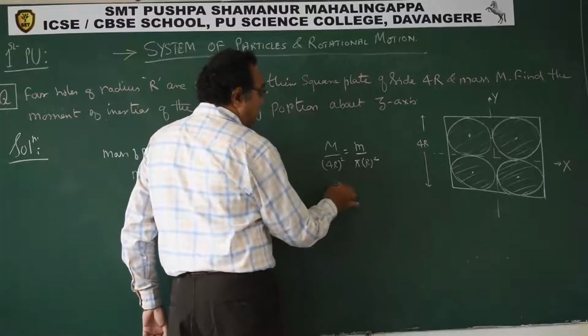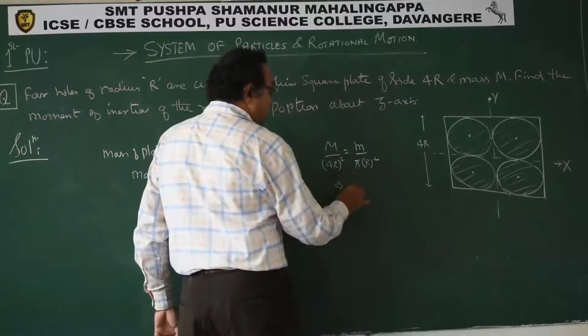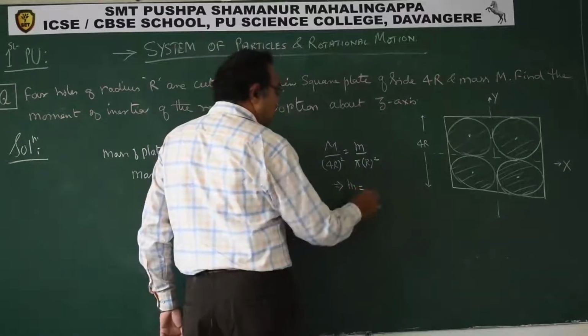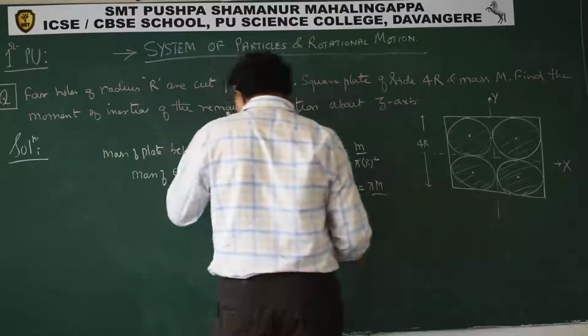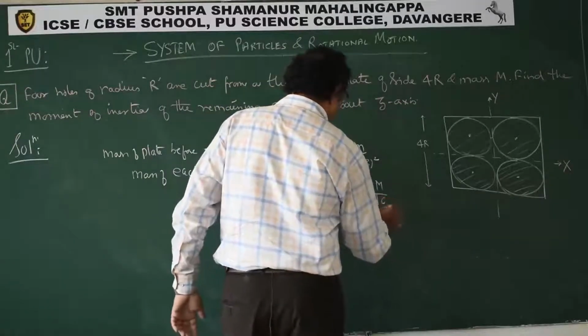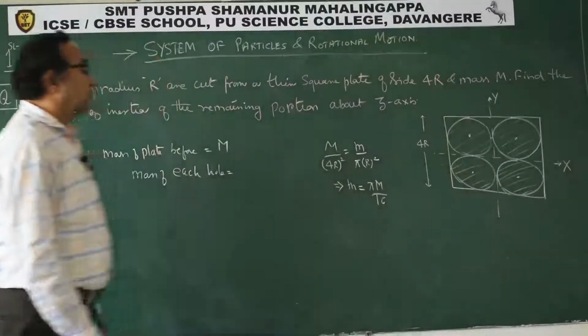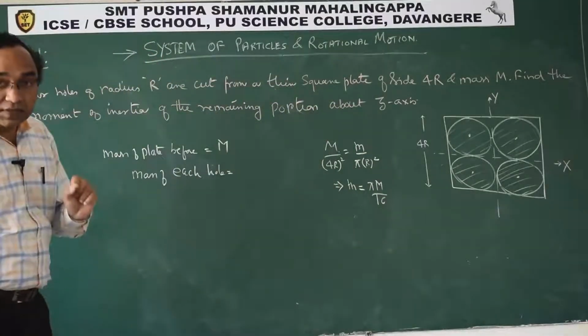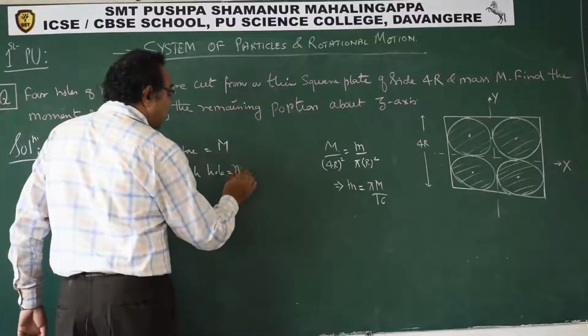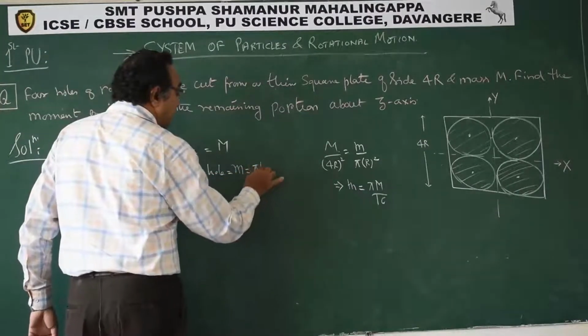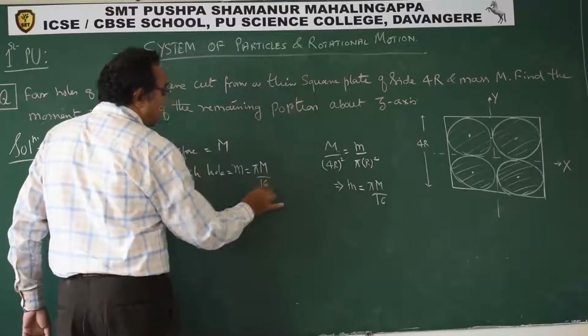So from this we can say m is equal to pi m by r square, r square cancels out. This is what is the mass of each hole. So mass of each hole is, we will say small m, that is pi times m by 16. This is what we are getting.